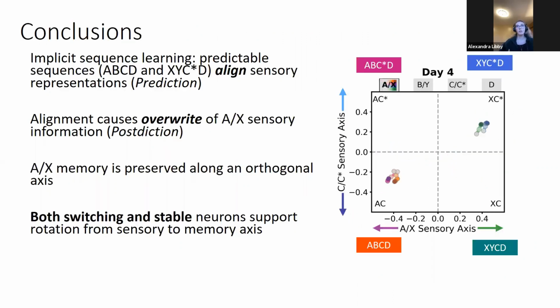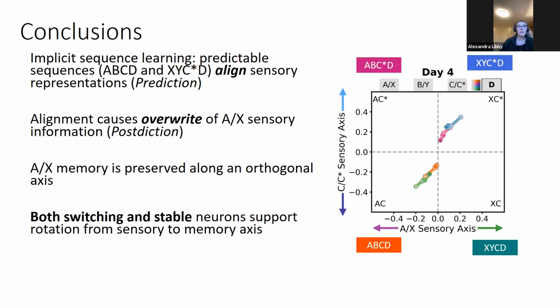So in conclusion, we have this paradigm that has these embedded predictable sequences, and we found that when the mice listened to them, it aligned their sensory representations between the AX and the C/C prime stimuli.